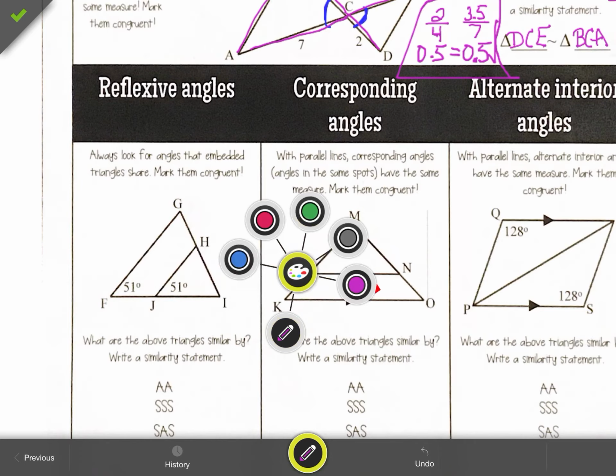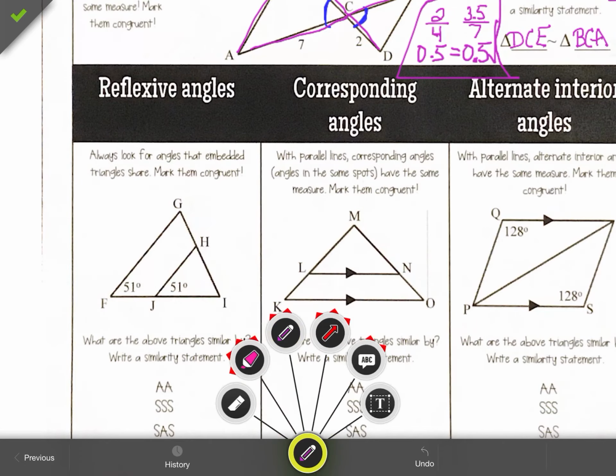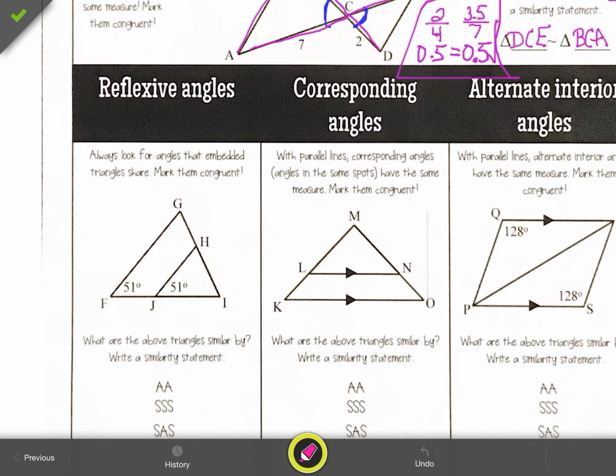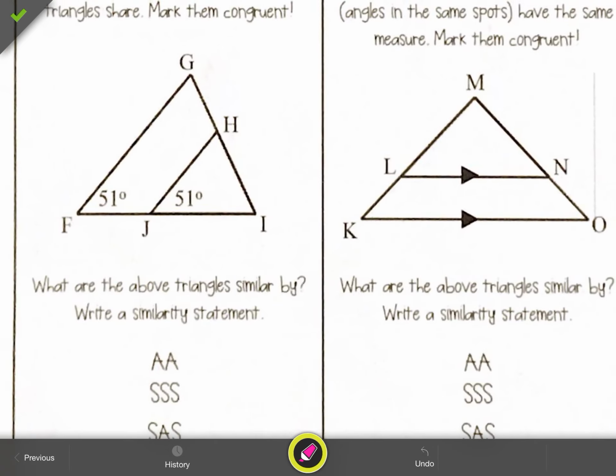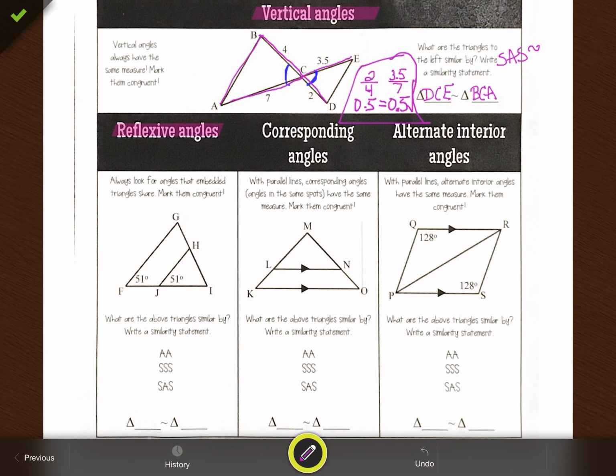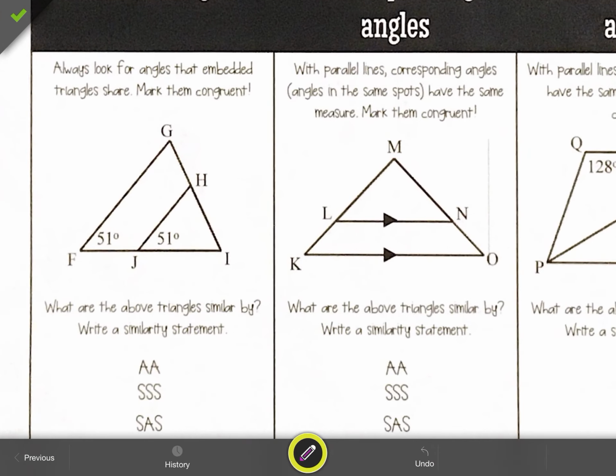All right, another thing that you have to look out for is something shared. So this one says reflexive angles, and this one sometimes throws people off, so everybody watch this. Look for the angles that embedded triangles share.